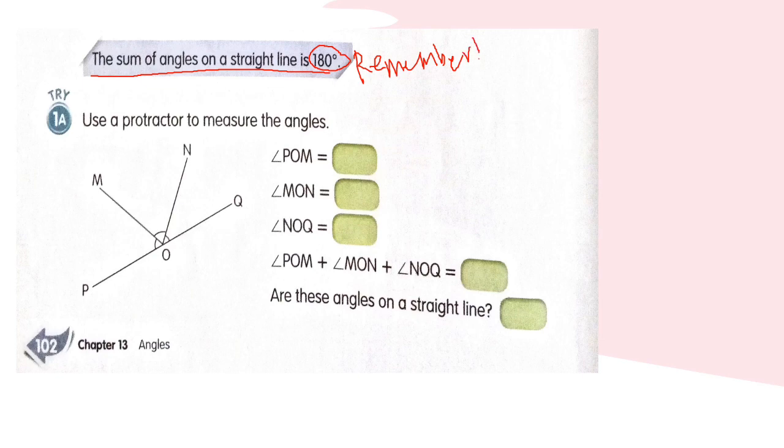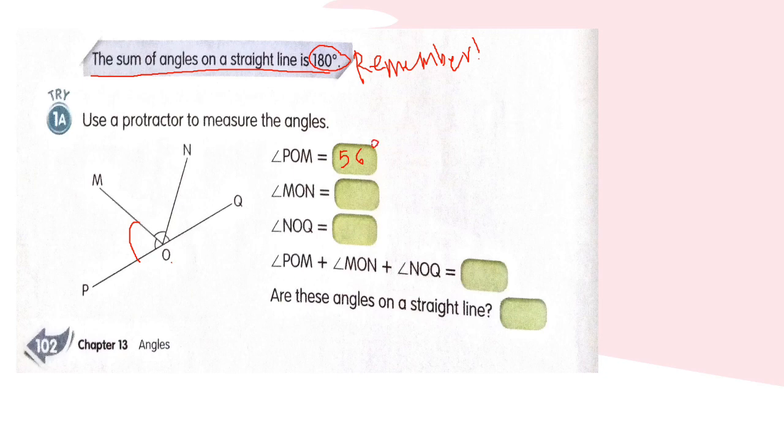Okay, now try 1A. Use a protractor to measure the angles. Here, first we start with POM. This angle is equal 56 degrees.